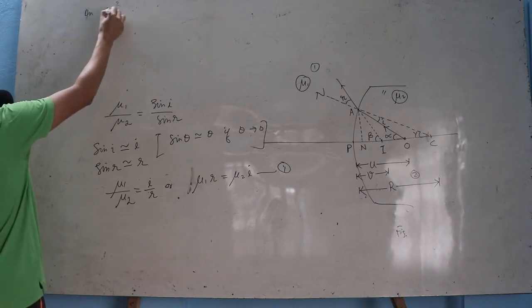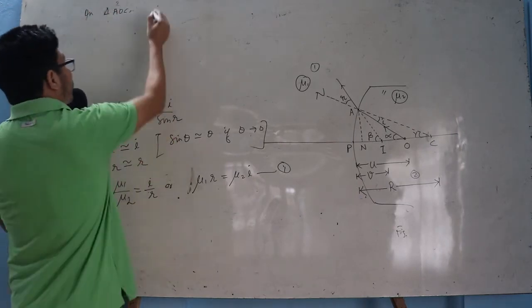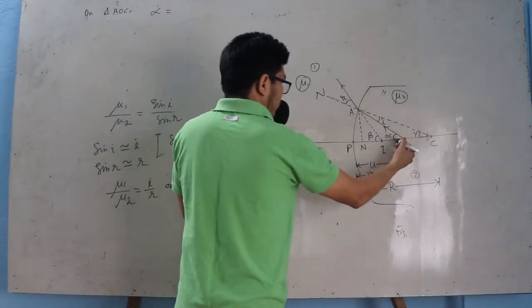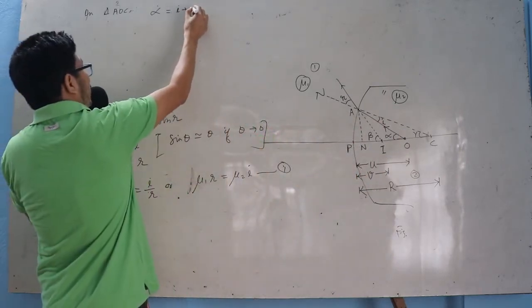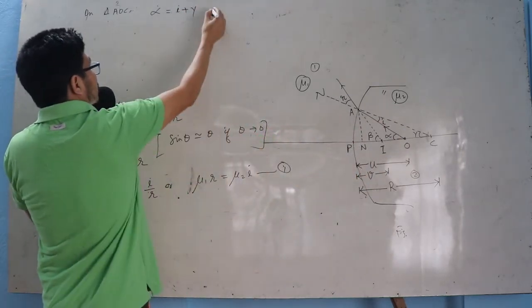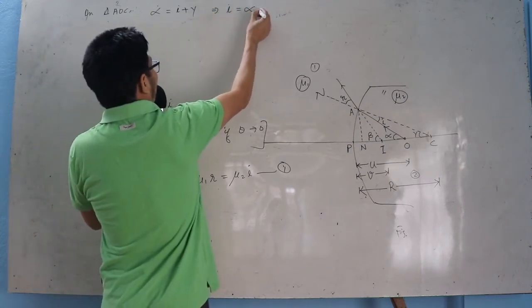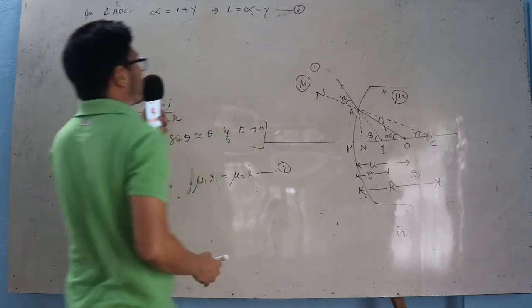So in the triangle AOC, your alpha should be equal to, the exterior angle should be equal to the sum of the opposite interior angles. So I plus gamma. This will give you I is equal to alpha minus gamma. Let us call it equation number 2 here.